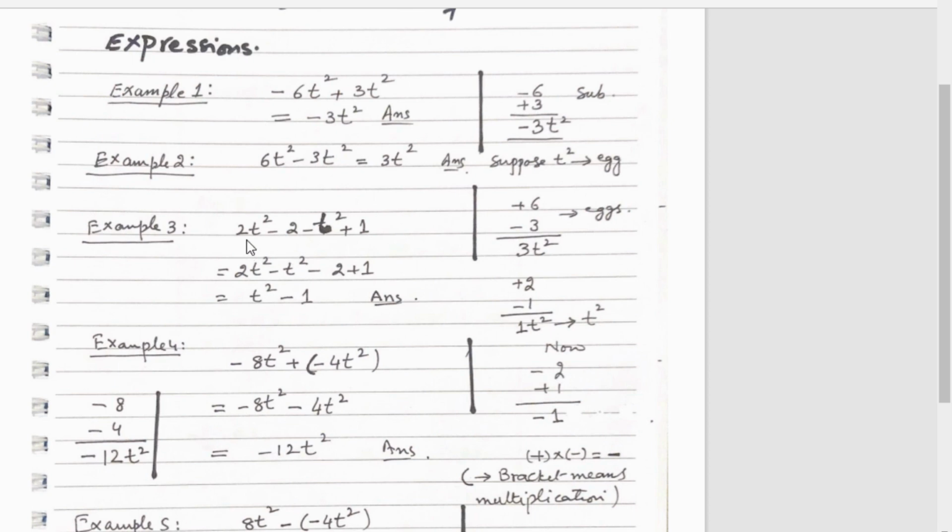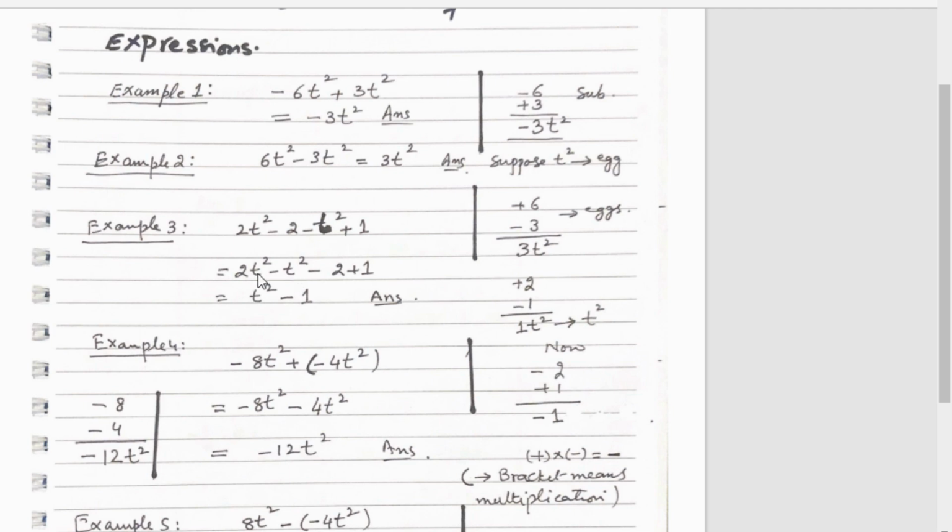Write down 2t square minus t square together, and minus 2 and plus 1 together. Now, you cannot add up 2t square minus t square into 2 and 1. These two are constant numbers, and these two are terms with variables.